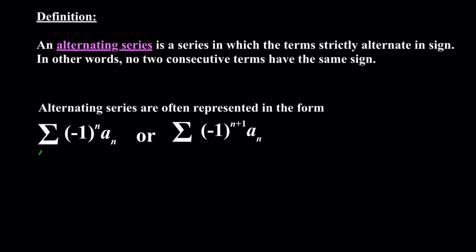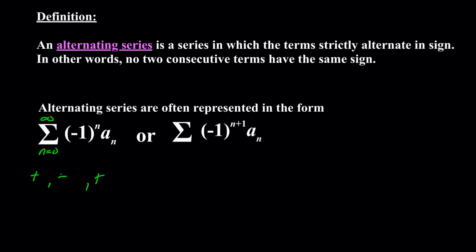For example, if this one starts at n equals 0 and goes to infinity, then your first term is going to have -1 to the 0 power, which will be a positive value. And then when you go to the next term, that would be -1 to the first power, which would be a negative number. And then n is 2 is going to give you a positive value, and so on.